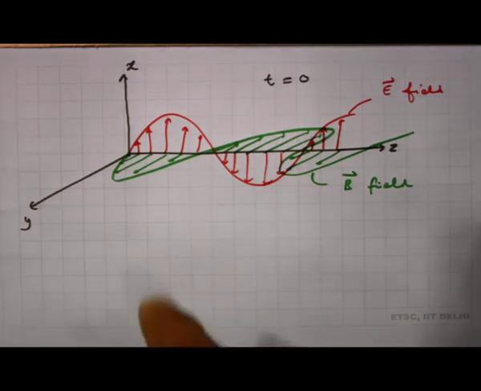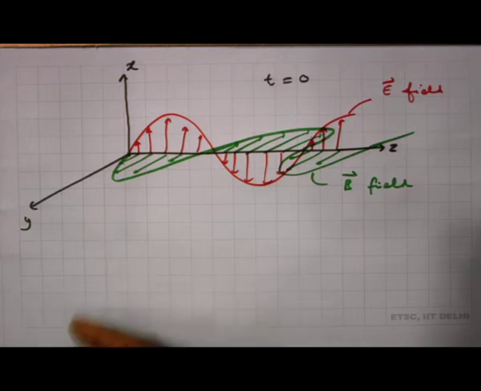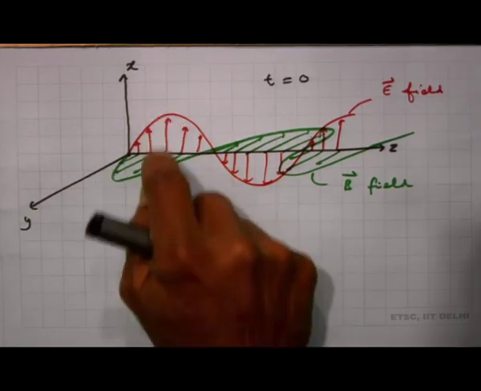Please remember that these arrows only represent the magnitude and direction of the fields and do not represent any displacement of any object. In the case of waves on a string, the y versus x plot was a plot of the displacement of the string as a function of position, so the position of the string was being marked there. Here in this figure, there is no displacement, and there is nothing connecting these two points.